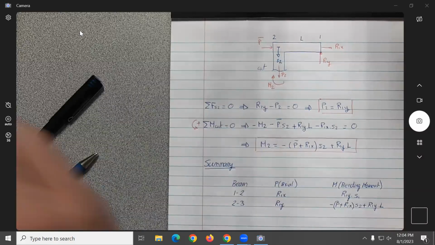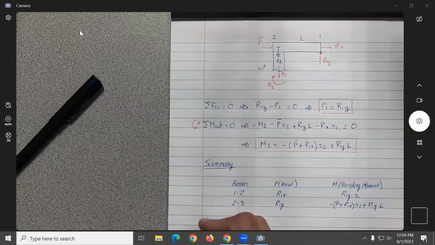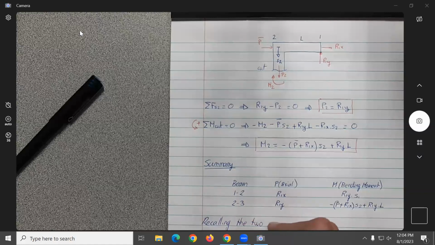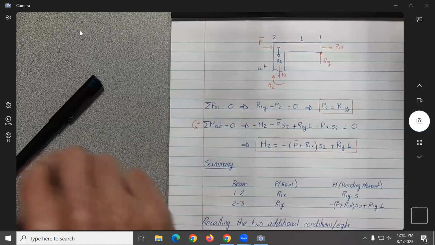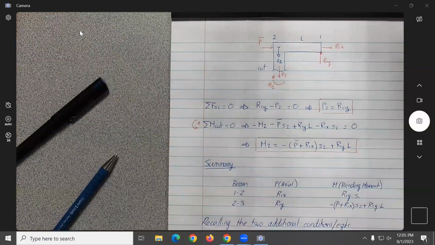So let's say here, recalling the two additional conditions, or equations, which are what? Q1 vertical equal to 0 and Q1 horizontal equal to 0. These were equations 4 and 5.